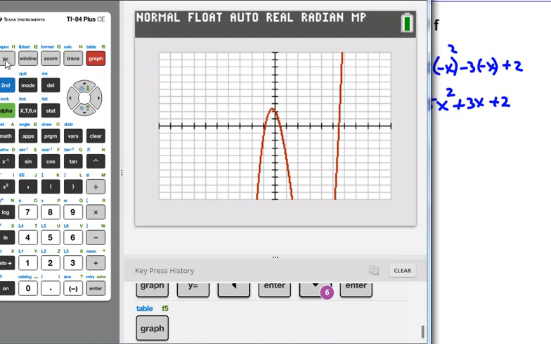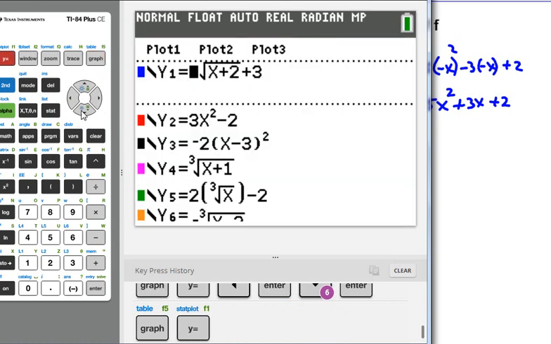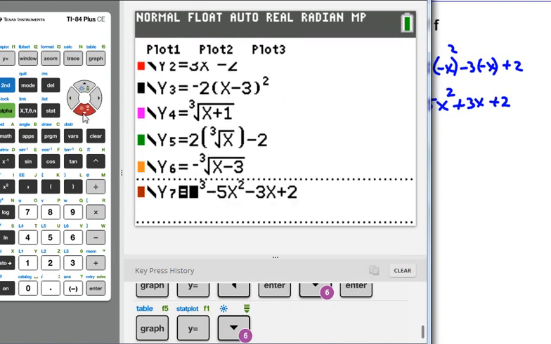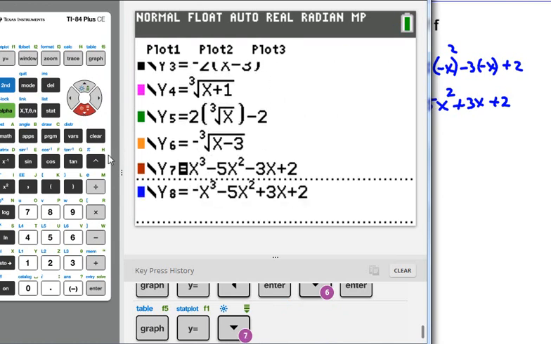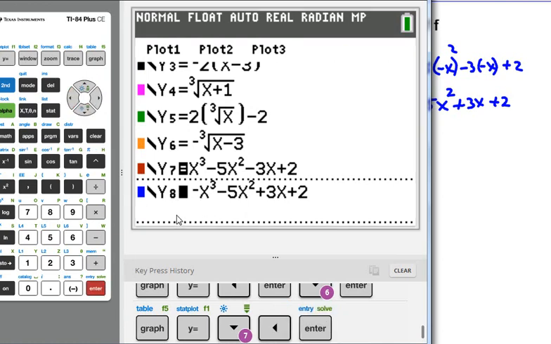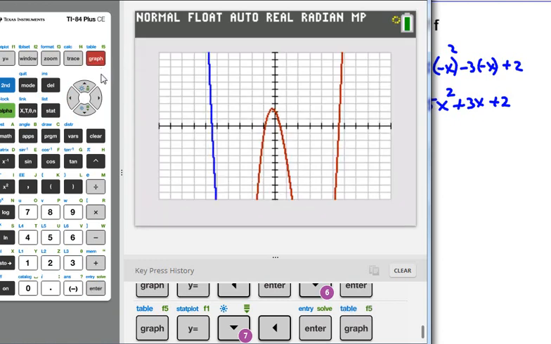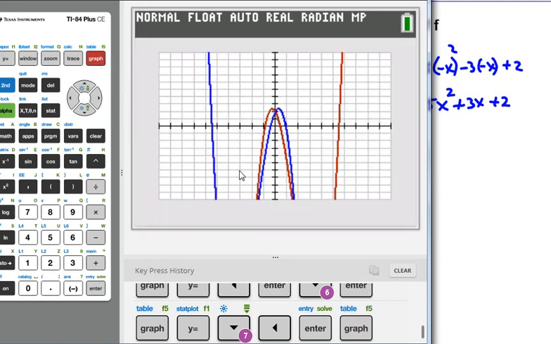And the one right next to it is going to be reflected about the y-axis. So let's graph that. Can you see how this blue one is the reflection of the red one about the y-axis?